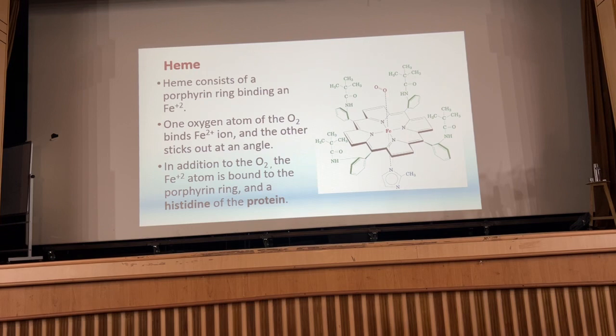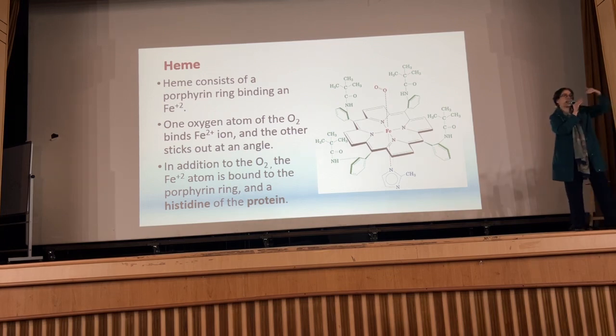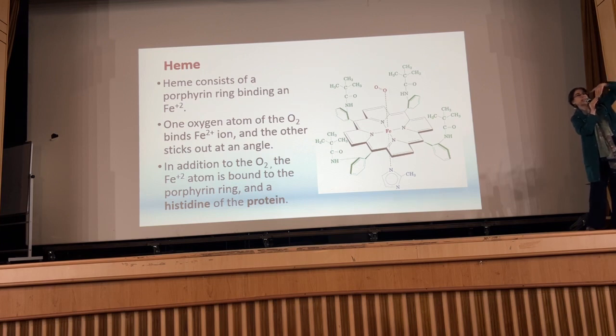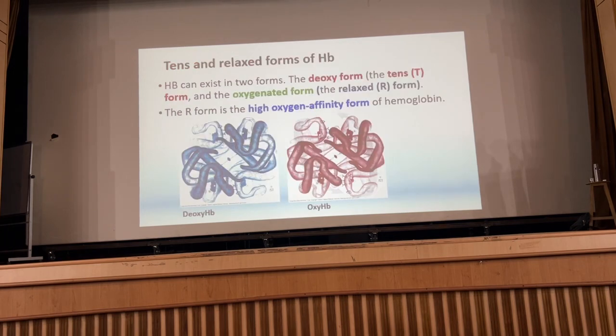Because the binding site of hemoglobin is a narrow pocket. It allows the access of only one oxygen atom. Okay? Right. This is important structurally for many things. For the release of oxygen, once the hemoglobin reaches the tissues, and for other things I'm going to talk about.